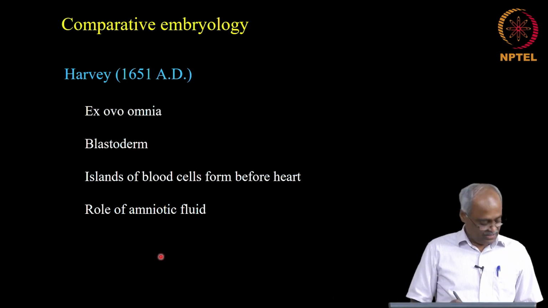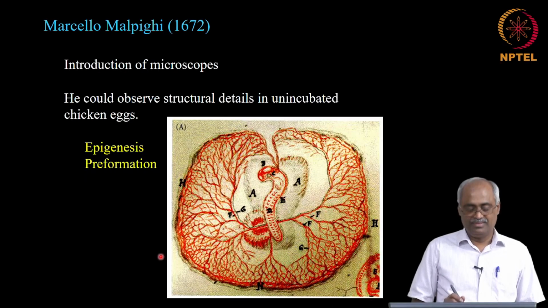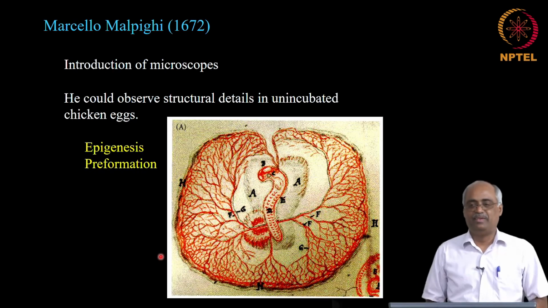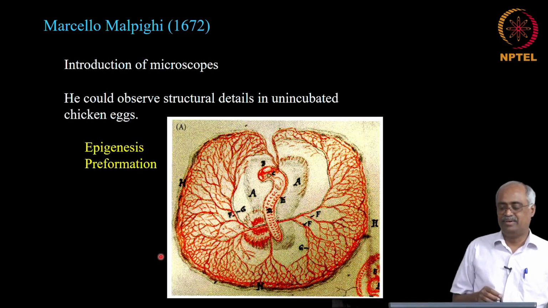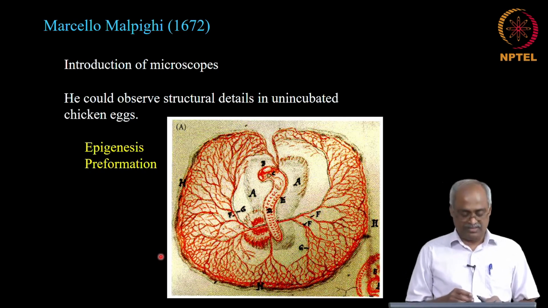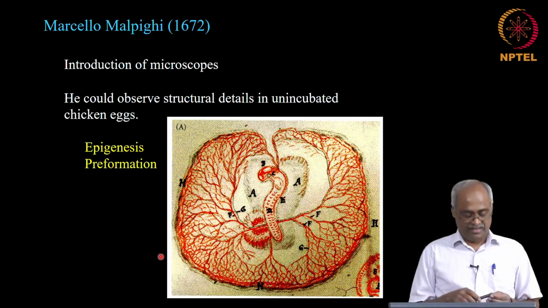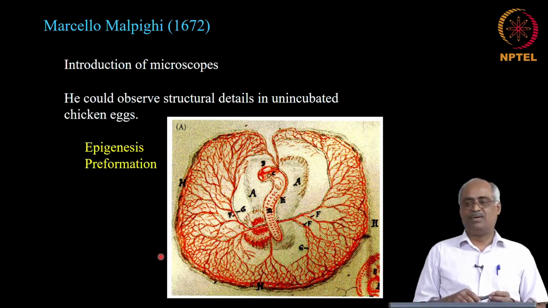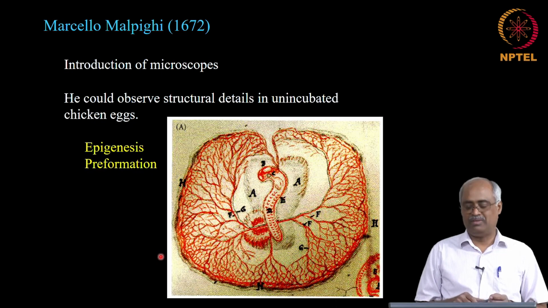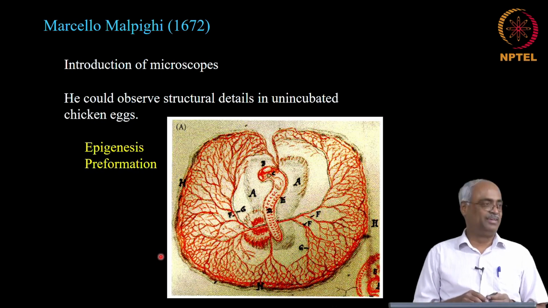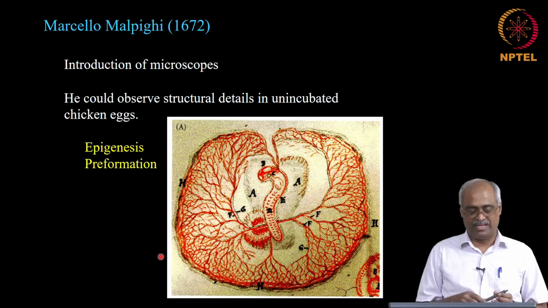So that is some progress, and then microscopes were invented, and that made some rapid progress as well as a controversy that lasted for a long time, and now when we look at it you will find it very hilarious. So we will get into that in a couple of slides.